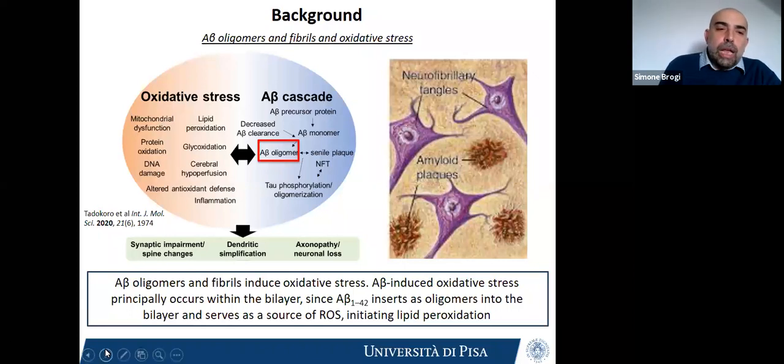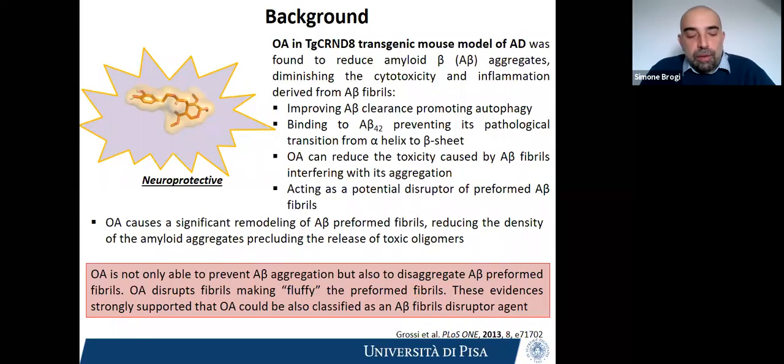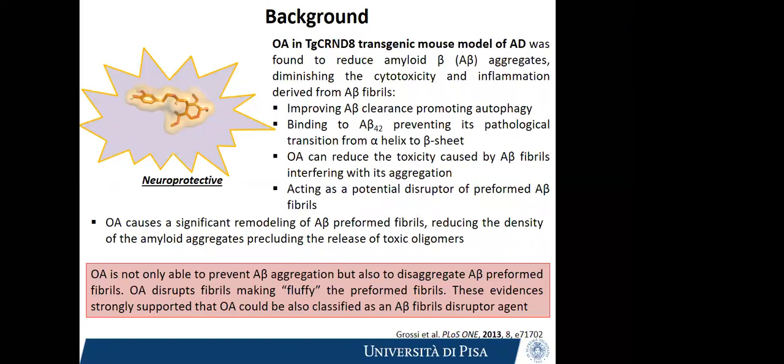Accordingly, a molecule able to induce an antioxidant response, reducing the cytotoxic effect of amyloid beta fibrils, could represent a promising compound that could be used for developing effective anti-Alzheimer drugs.